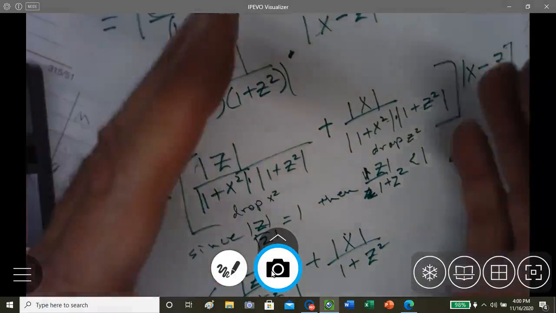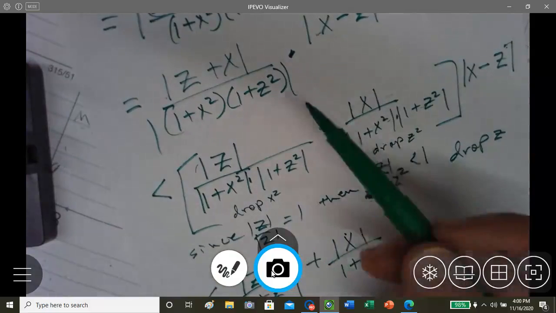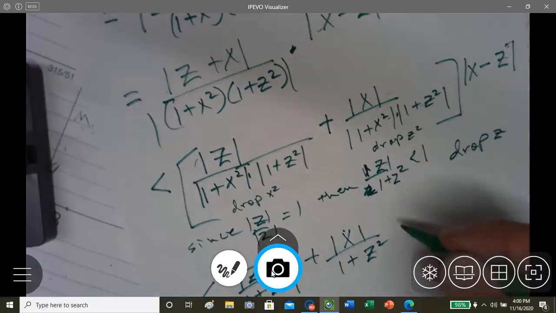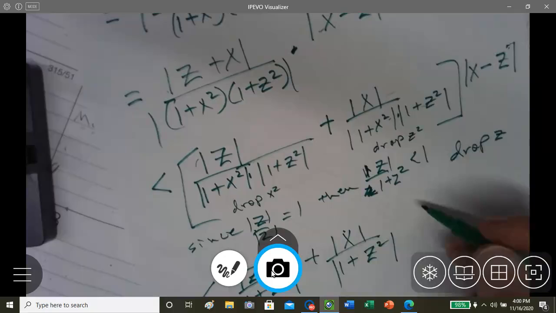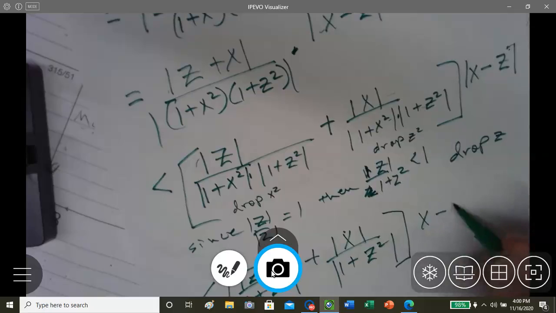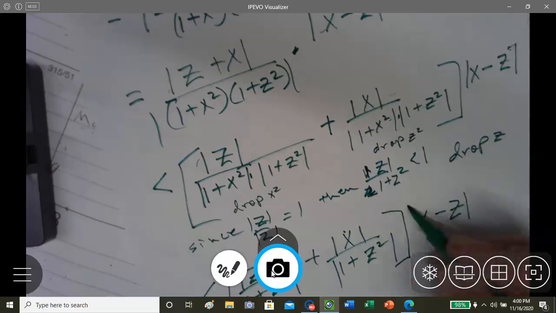So you can keep going smaller, because as long as it's less than epsilon, then we're fine. And all of that is multiplied times x minus z.